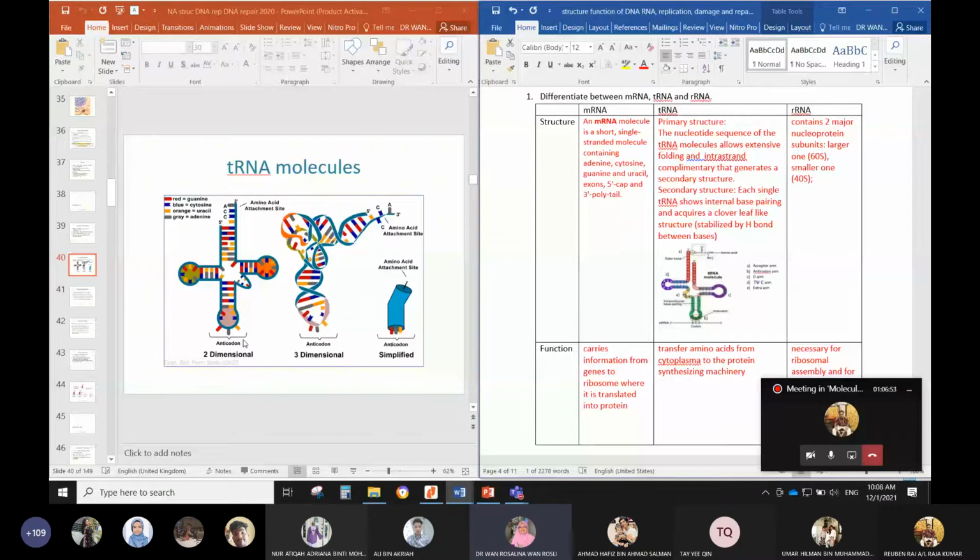What is attached to it is the one required by the mRNA to build that particular protein. So it transfers the amino acid from the cytoplasm, because this amino acid is free floating, but then it is taken by the tRNA and synthesized into a protein.